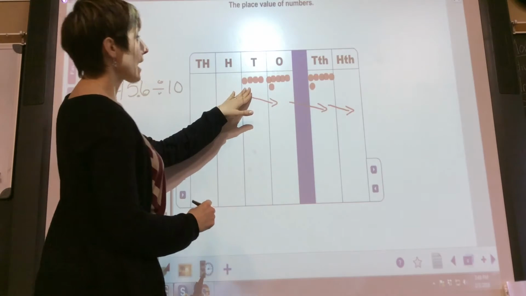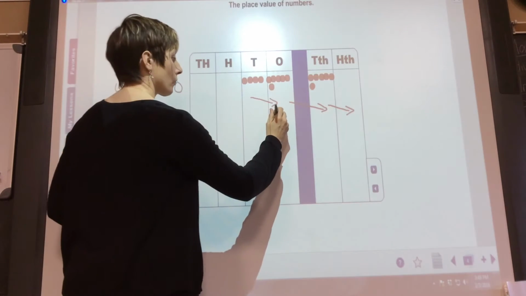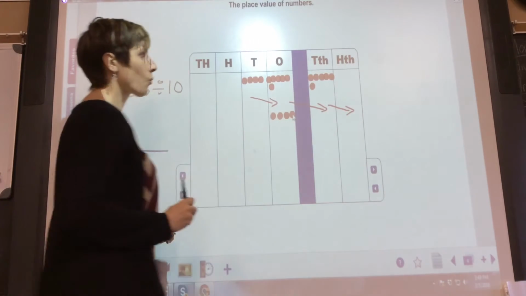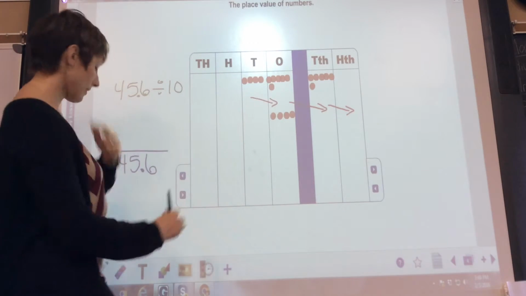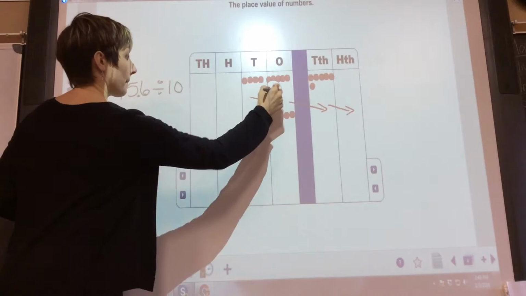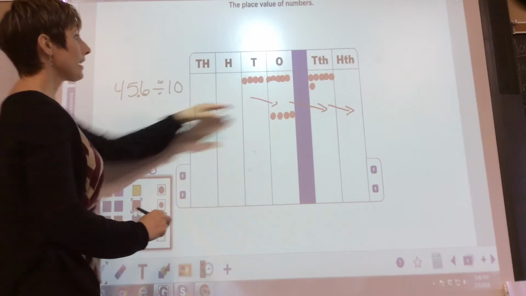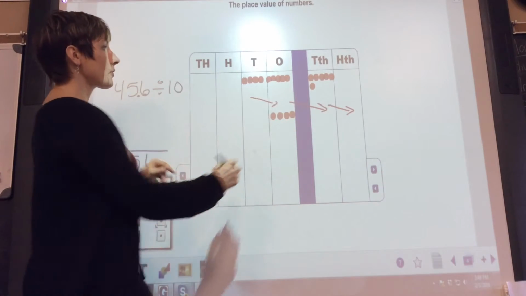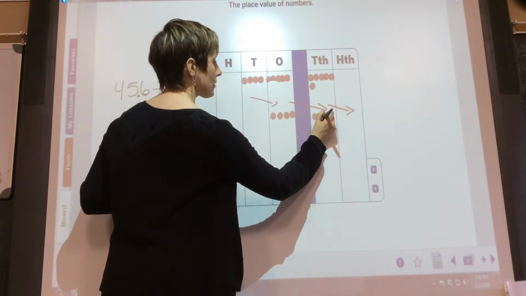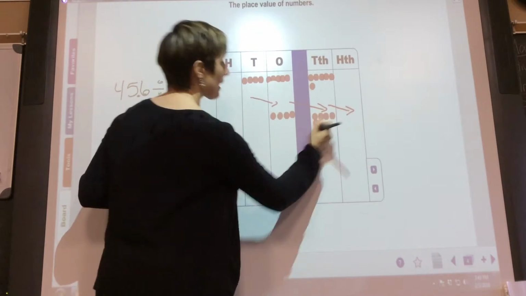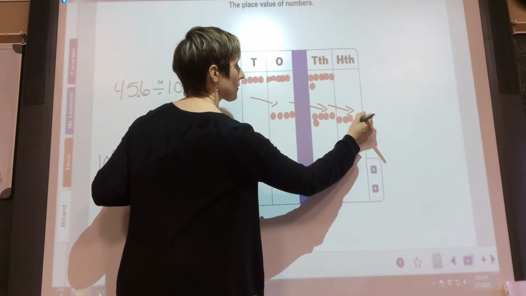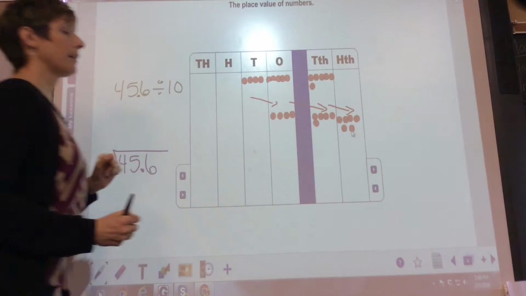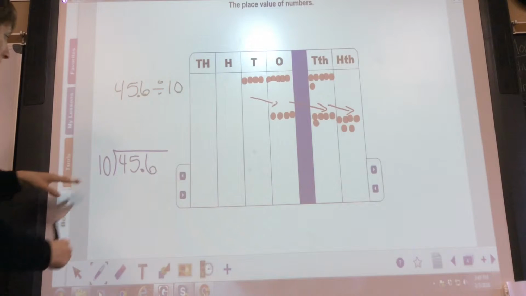So instead of having 4 tens, we now have 4 ones. All right, we're rocking this. Instead of 5 ones, they slide over to the tenths place. And our tenths slide over to the hundredths place. How does that look over here?